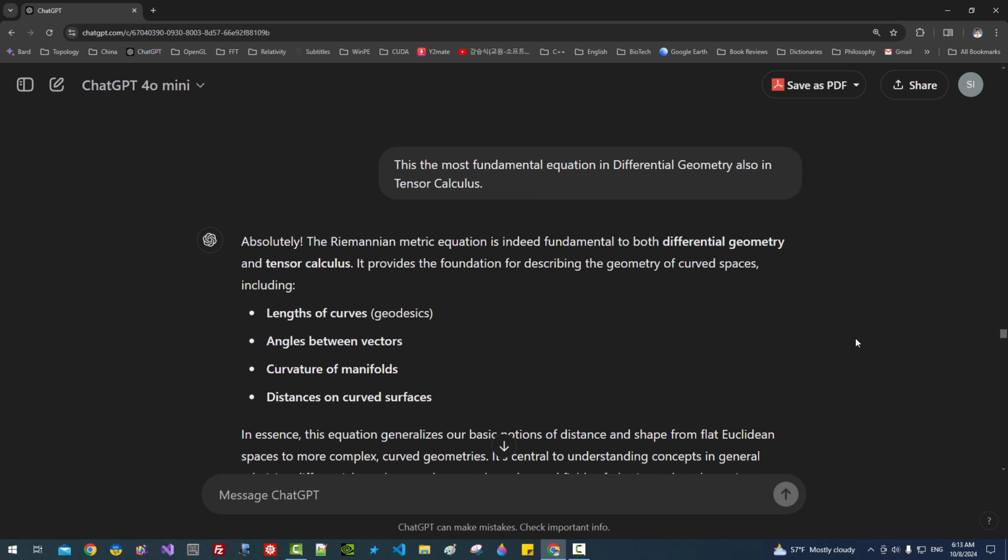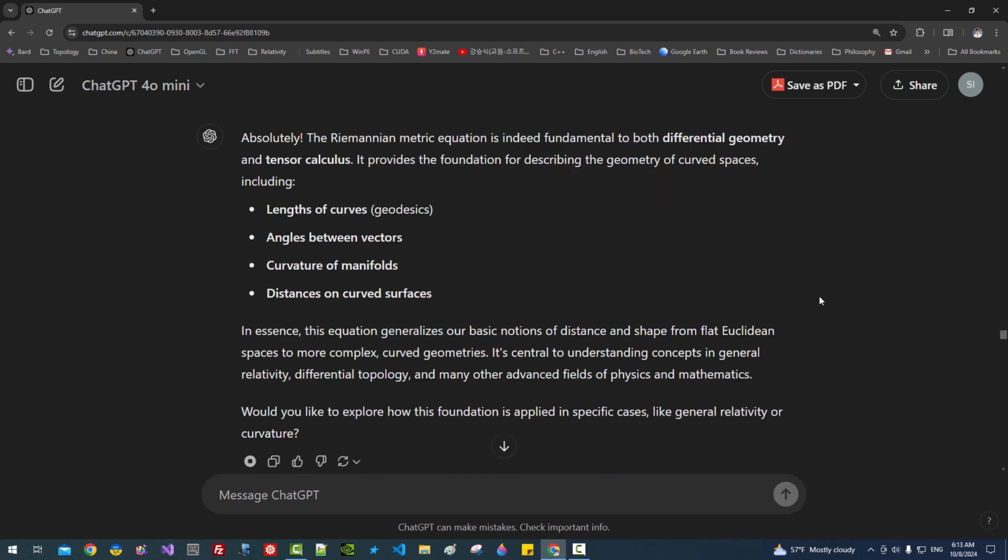This is the most fundamental equation in differential geometry, also in tensor calculus. Absolutely. The Riemannian metric equation is indeed fundamental to both differential geometry and tensor calculus. It provides the foundation for describing the geometry of curved spaces, including lengths of curves, geodesics, angles between vectors, curvature of manifolds, and distances on curved surfaces.